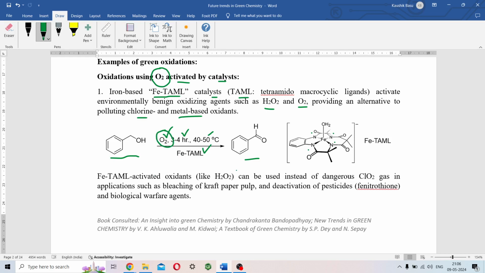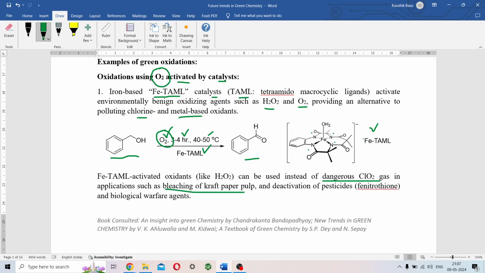So that's okay, and this method has been successfully used to replace the dangerous ClO2 gas, which was rampantly used in bleaching of kraft paper.